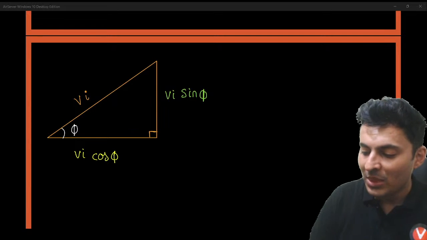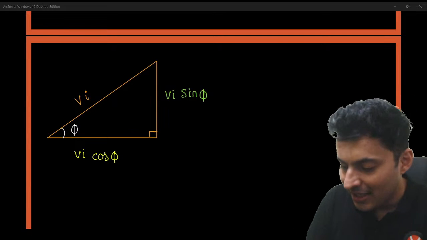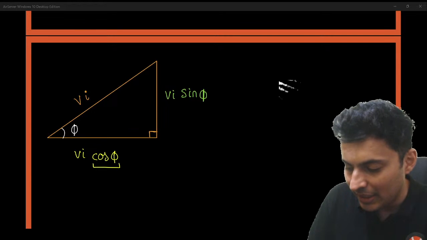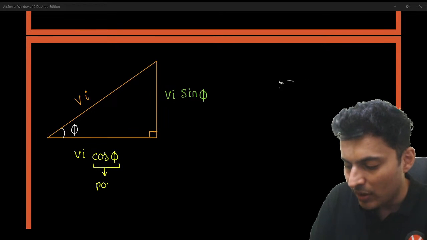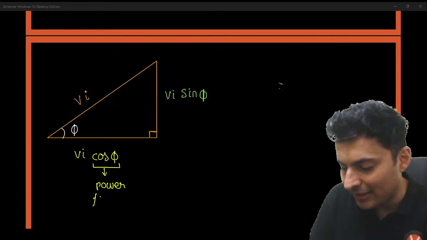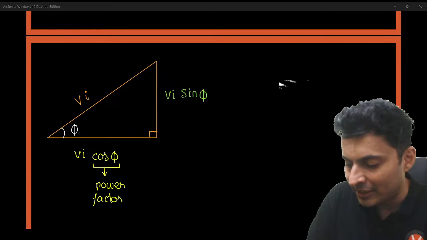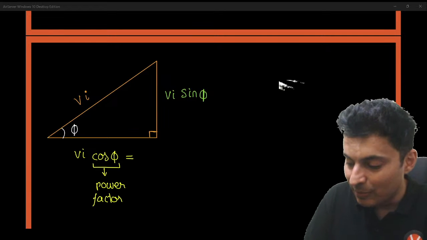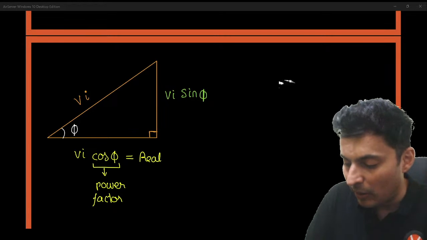Now, what is VI cos phi? If you remember, this is the formula for the power, and this particular quantity, cos phi, is your power factor. So this is basically your real power.